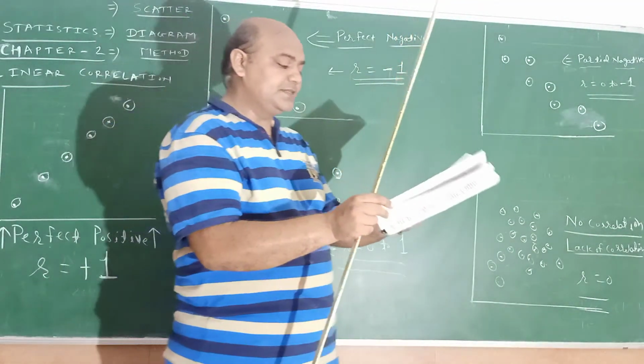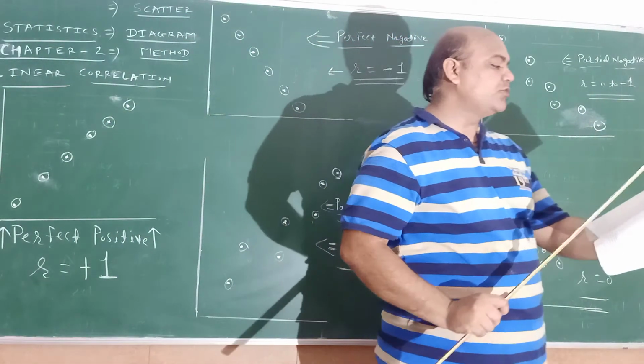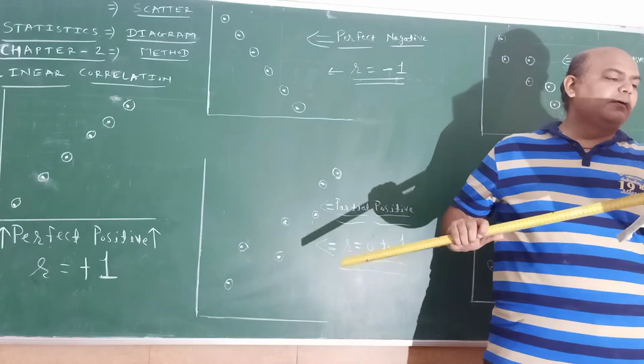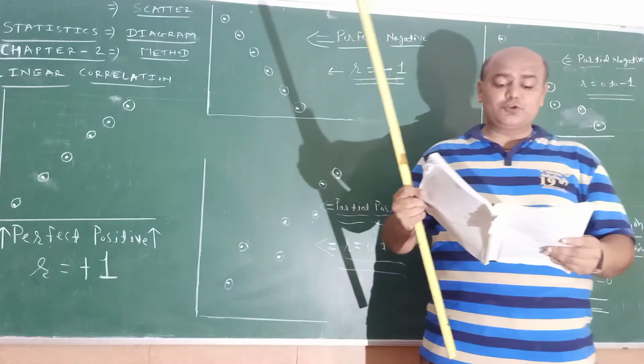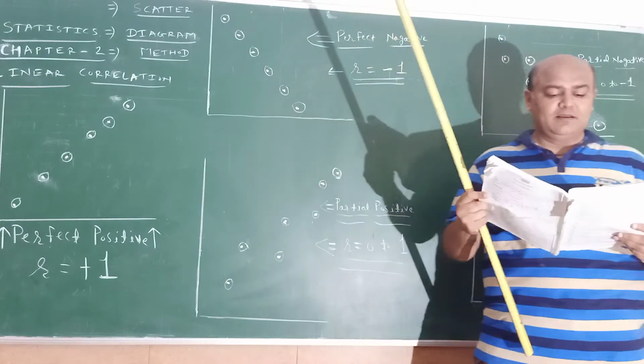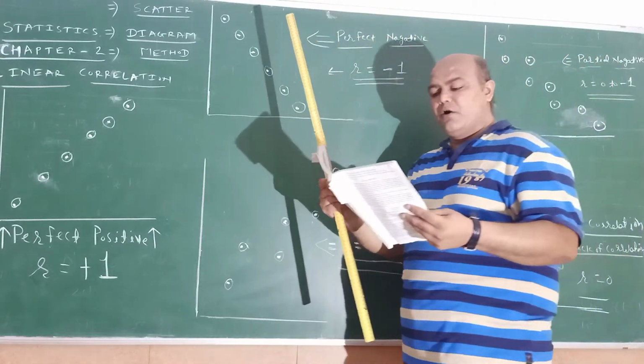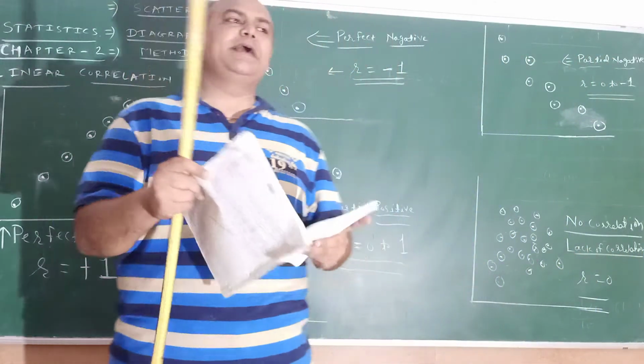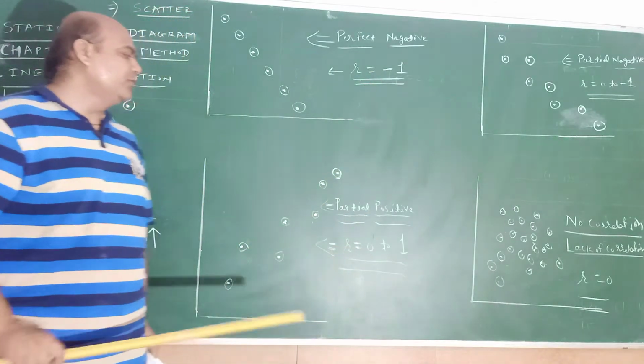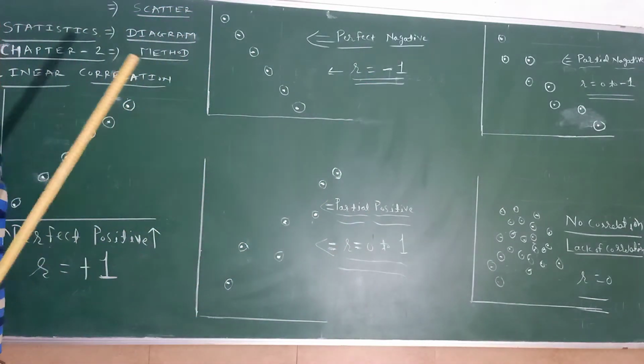In page numbers 63 and 64 also, they explain it properly, going upward, downward, left to right, everything. Now we move towards the third aspect, the third type.